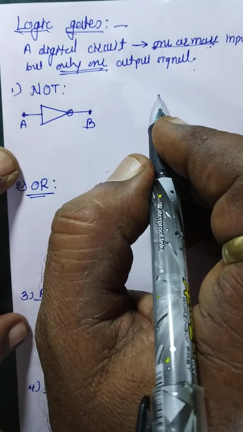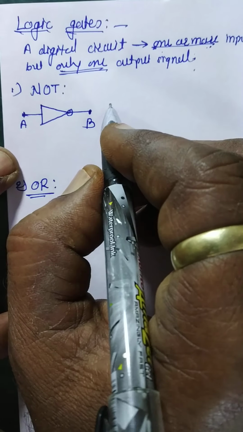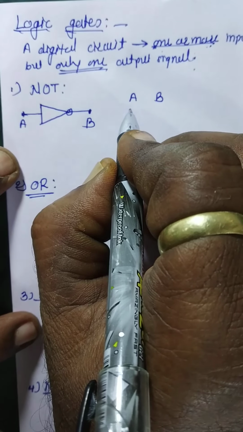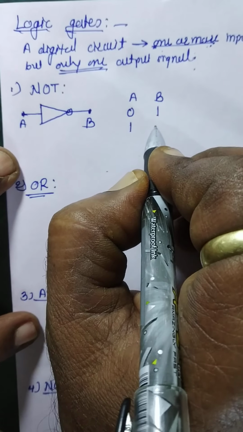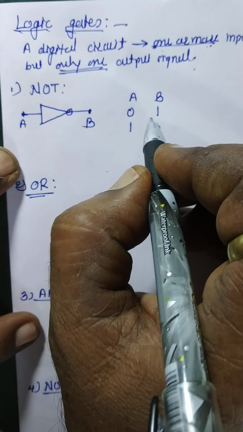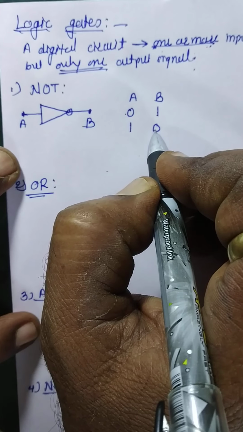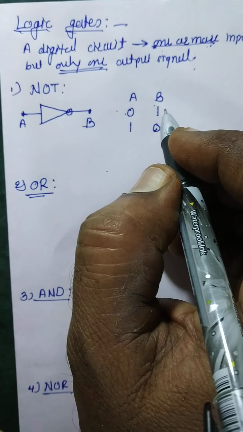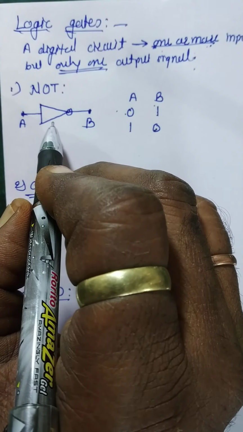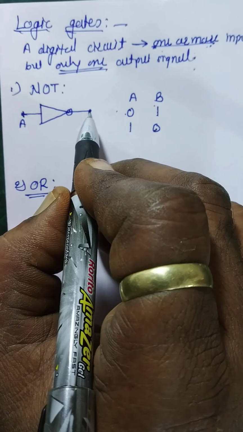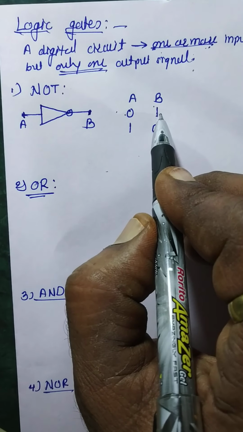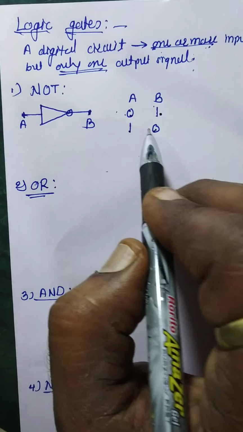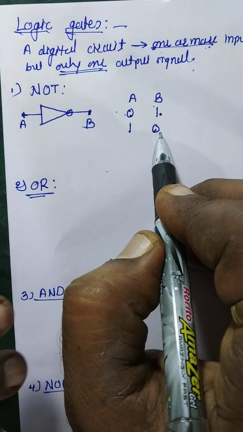A logic gate which has only one input and only one output such that the output is inverted that of the input. Suppose input A is 0, then output is 1; input is 1, then output is 0. Means the output is inverted that of the input. This is called a NOT gate.